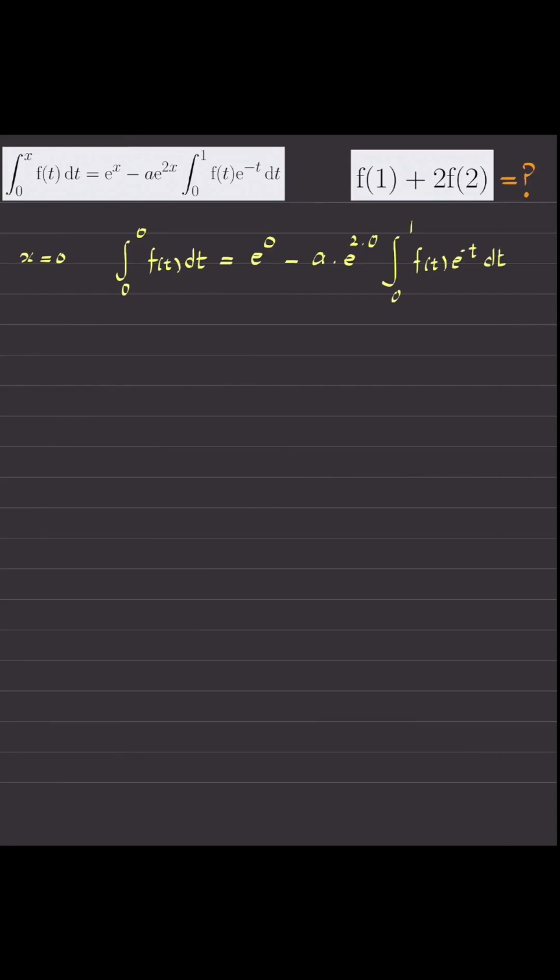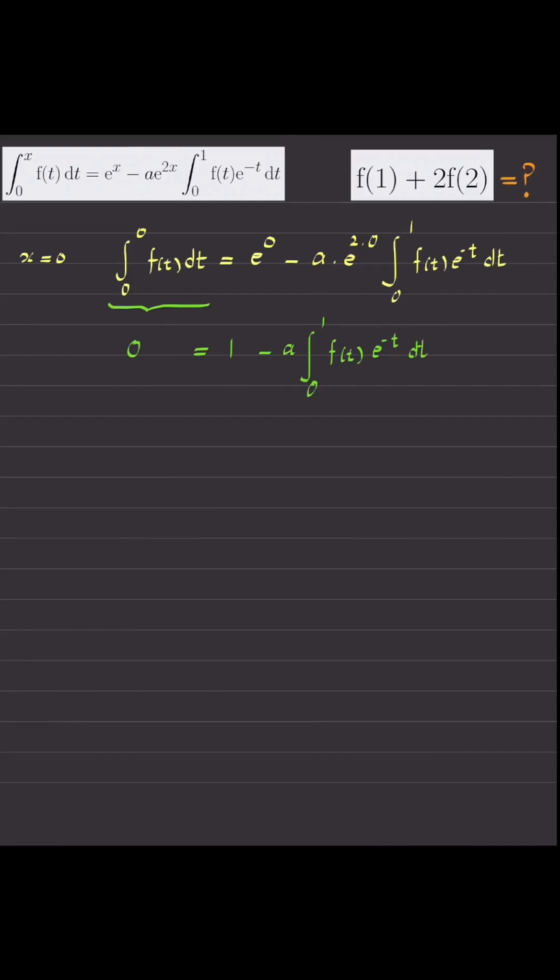But we already know from the properties of definite integrals this is nothing except 0. And the right-hand side becomes e to the power 0 is 1, e to the power 0 is again 1, so I will get minus a times integral from 0 to 1 of f of t e to the power of minus t dt. But this is good enough.